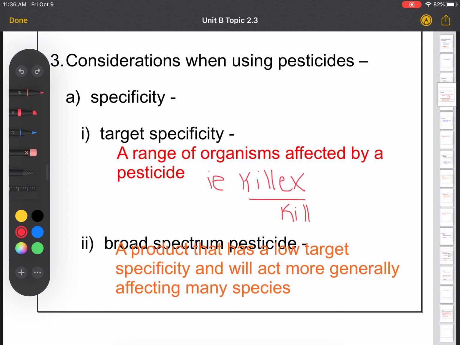So it kills those prickly thistles and dandelions. What it doesn't kill is the grass. I could spray this all over my whole lawn and it's going to kill all the weeds but not kill the grass. That's a great thing, because if I sprayed something that killed the grass too, then my whole lawn would be brown, and that would defeat the purpose of what I was trying to do.